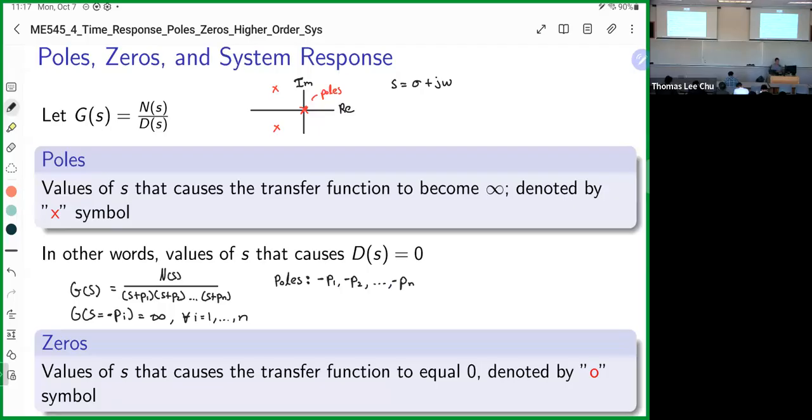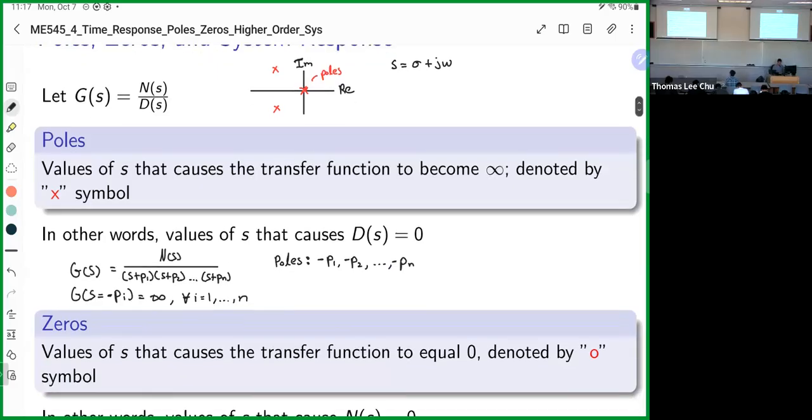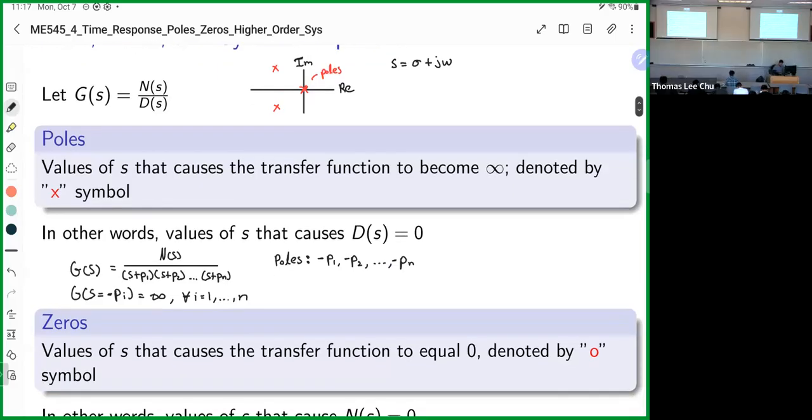So those are poles. Poles are our eigenvalues of A as well. Probably have it written somewhere. Maybe I'll write it here anyway. Poles are eigenvalues of A, our A matrix from our state equation from state space.